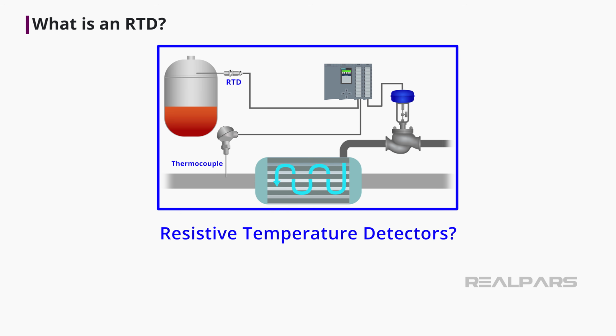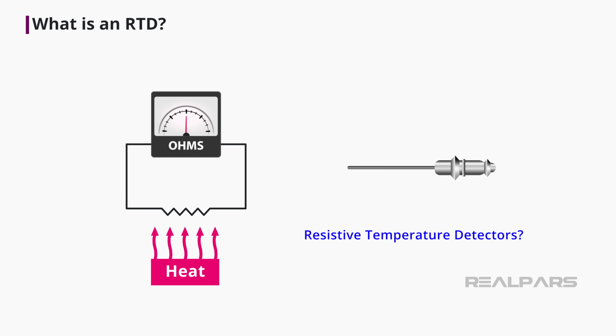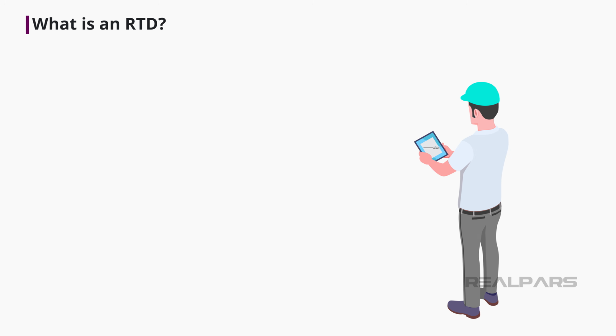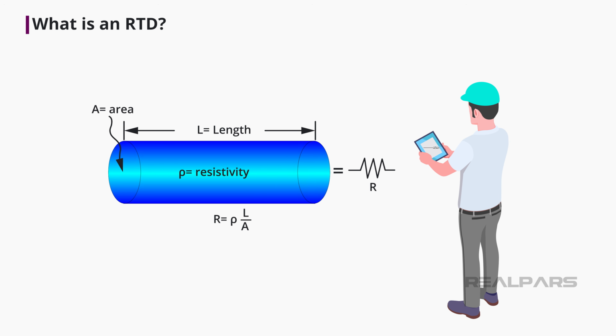As the name itself gives away, a resistive temperature detector is an instrument that detects temperature based on resistivity. In order to understand the working principles of RTDs, it is essential to understand what electrical resistance and specific electrical resistance are, what causes it, and some basic fundamentals of it.